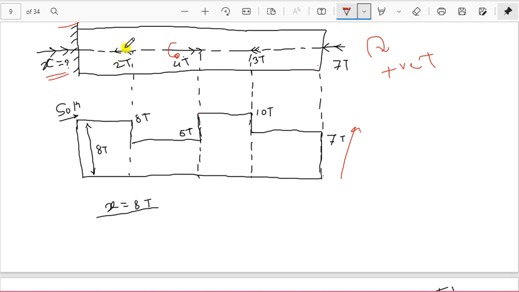Again you will find there is a clockwise torque 2T, so we will add 6T with 2T and we will get 8T, and till the fixed end there is no other torque, so we will extend this line as it is, so that the magnitude of torque present at this point will be equal to the magnitude of torque at this point, that is at support. So our value of X will be 80.